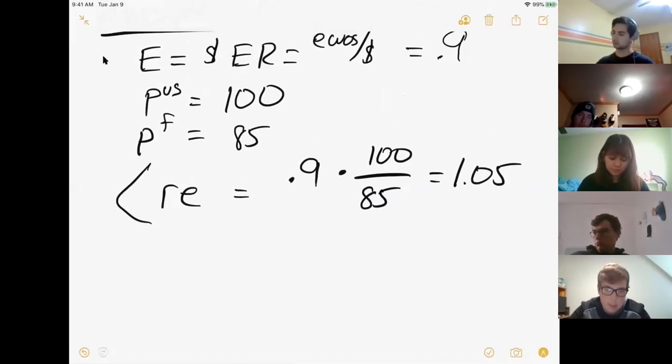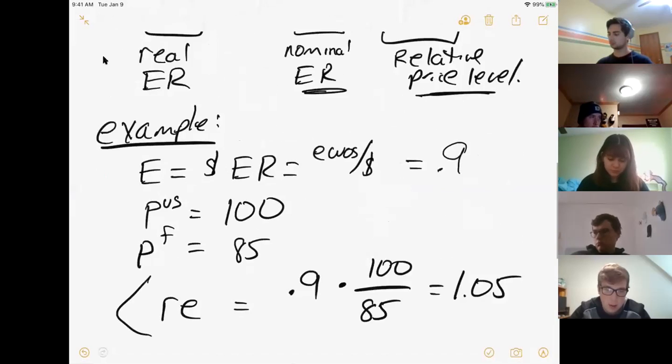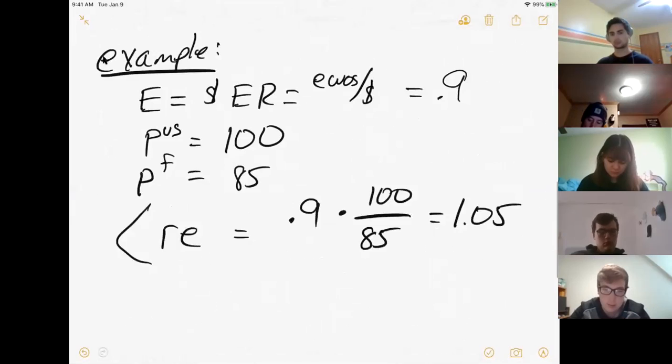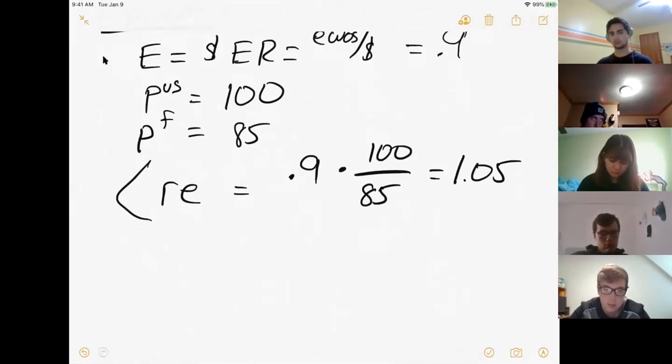Notice how we calculate our real exchange rate. It's the price of one country's goods in terms of another country's goods. In other words, it's a relative price. So we have to think about this as the real exchange rate in the US relative to the euro.